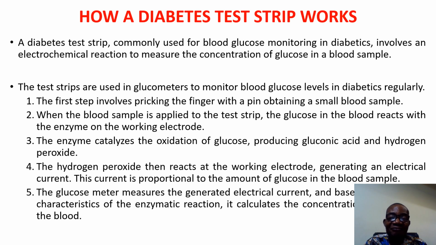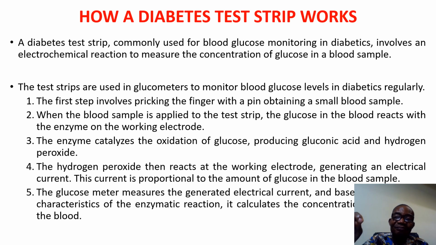Then the blood sample is applied to the test strip, at the tip of which we have a small electrode. The glucose in the blood reacts with the enzyme on that small electrode on the test strip.